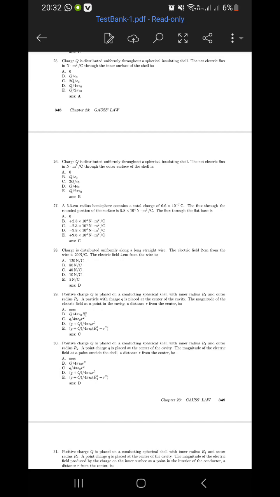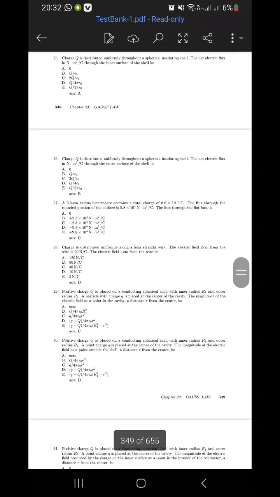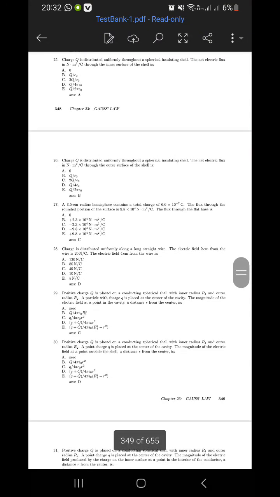The net electric flux through the outer surface of the shell is B, q over epsilon-naught. Oh, that one is inner. If it's inner, it's 0. If it's outer, it's q over epsilon-naught.